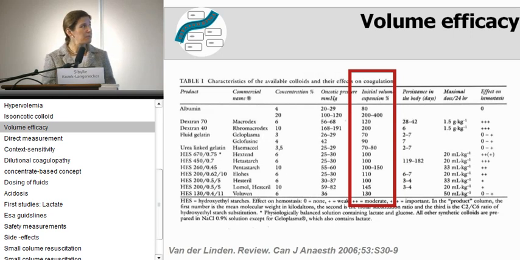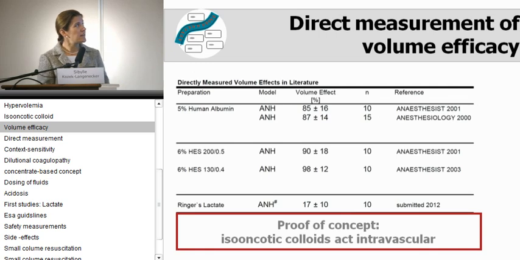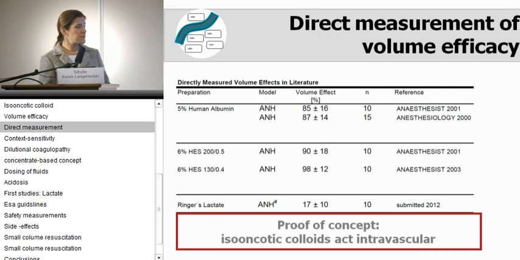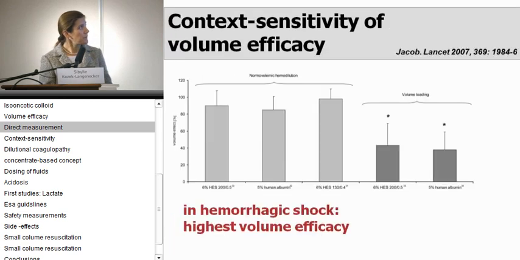So it's a plasma expanding property, and this is exactly what we need in this situation. Proof of concept: iso-oncotic colloids act intravascularly, so physiology seems to work quite nicely in our patients. And please consider here in that slide that Ringer's lactate, as an example for a crystalloid, has only a very, very limited volume effect, below 20%.